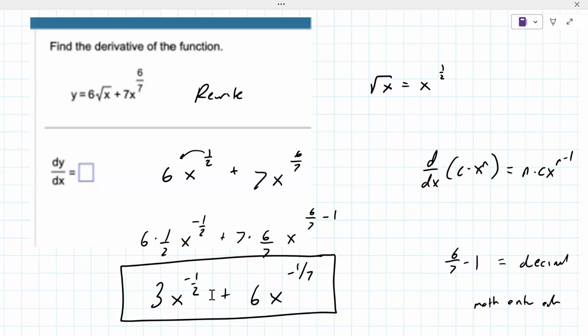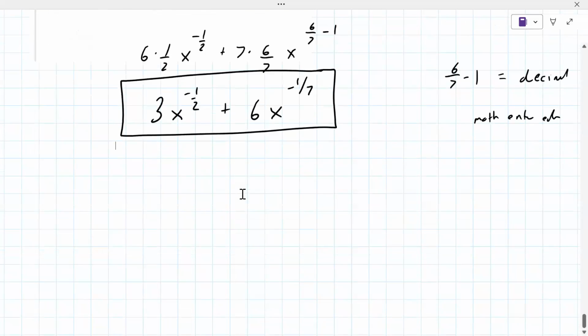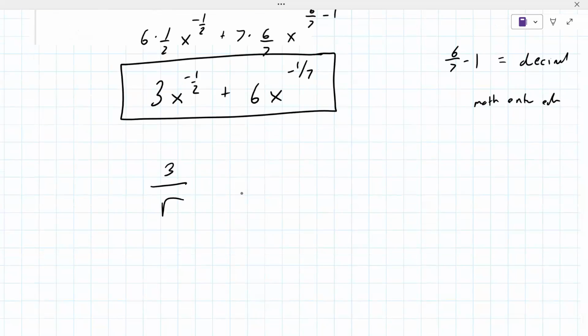That was right. So in terms of how this could be rewritten, this is one possibility.